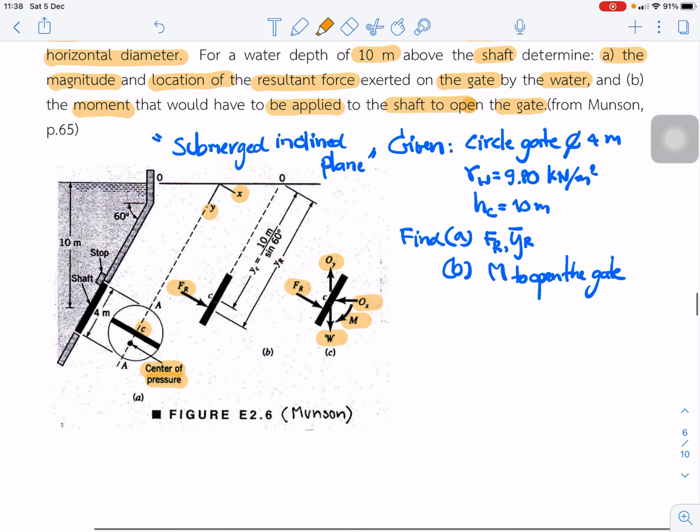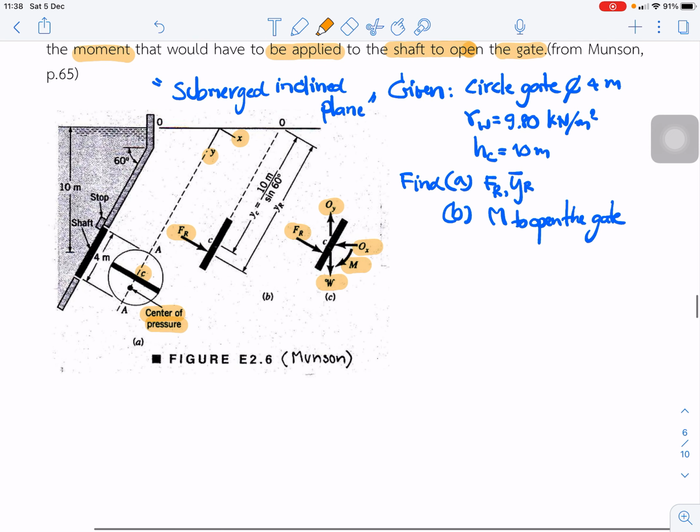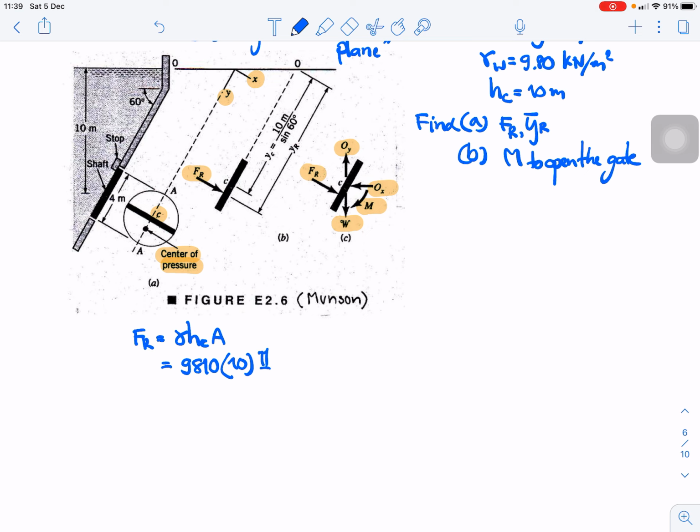Next step, we can find the resultant force FR, which is equal to gamma times hc, the depth of the centroid, times the area. We know gamma, we know the centroid depth hc is 10 meters, already given, and the area is pi over 4 d squared.